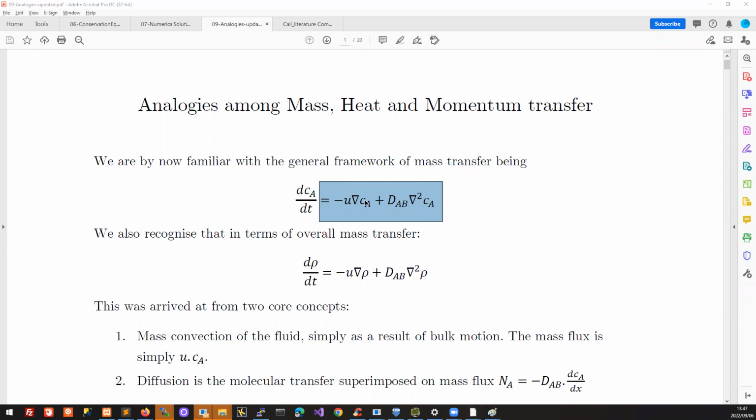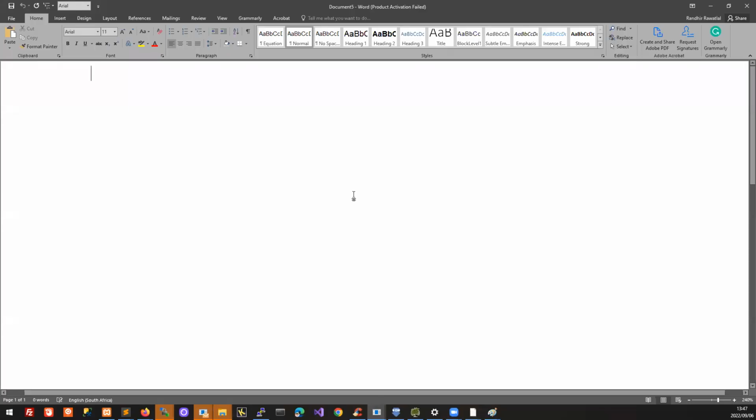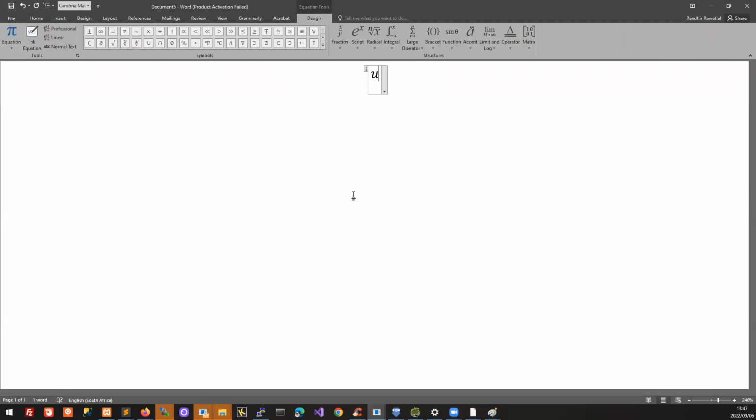Let's think about a simple situation where the velocity part, so we know it's of the form u times CA. What if the velocity part is much greater than the diffusion part? So the diffusion part is, of course, this.